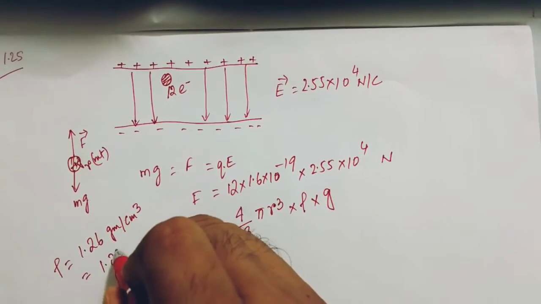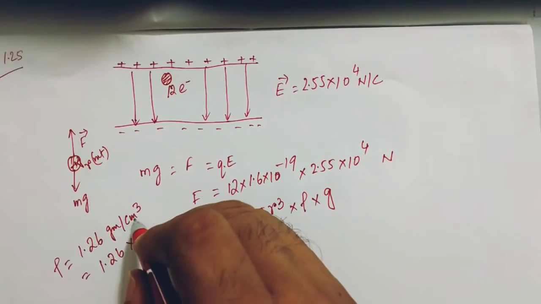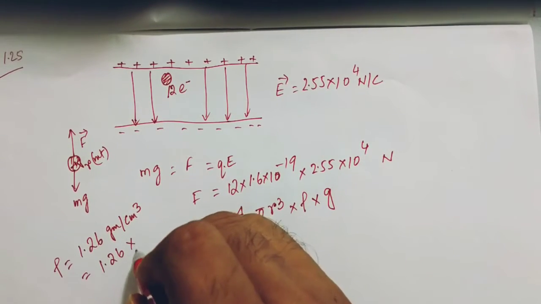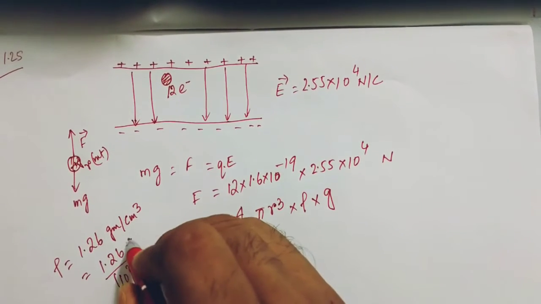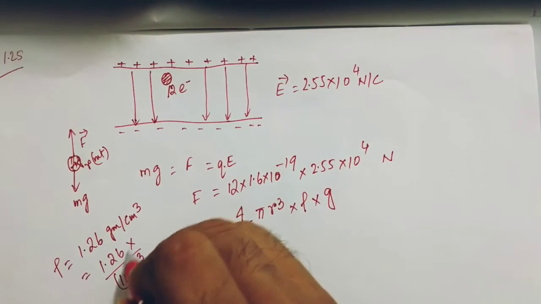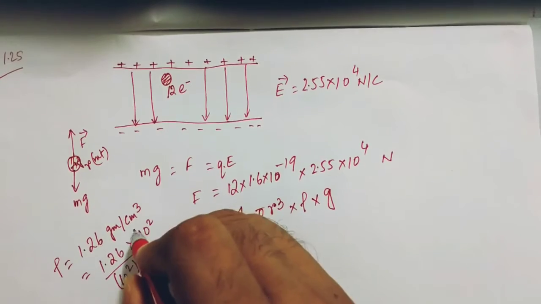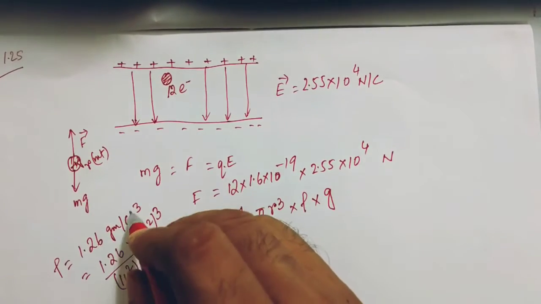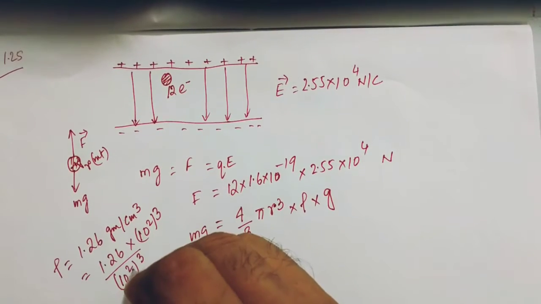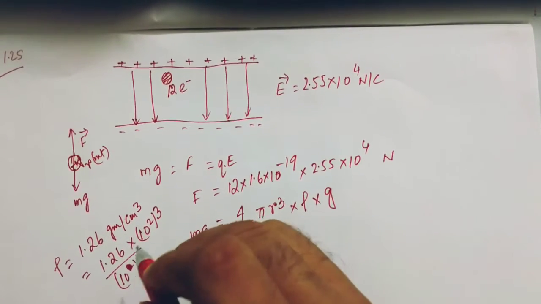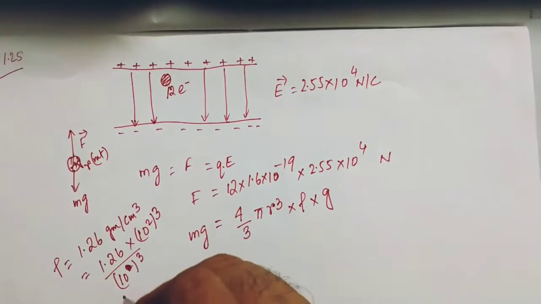So this is 1.26, and 100 centimeter is 1 meter, so it is multiplied by 100 cube per meter cube in the numerator, and the gram will be converted to kilogram, 1000 gram is 1 kilogram.